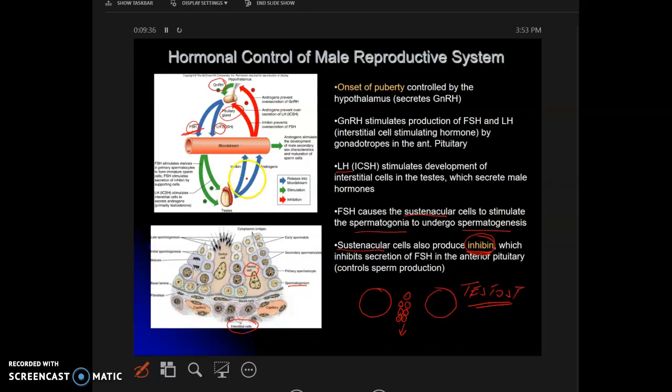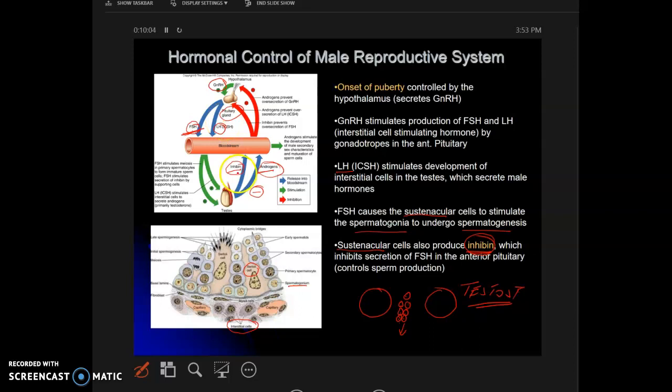Now here, the inhibin and the testosterone are going to have a negative feedback. If there's a very high amount of inhibin and testosterone, they are going to inhibit both the pituitary and the hypothalamus from generating more GnRH and FSH and LH. They're going to say stop.